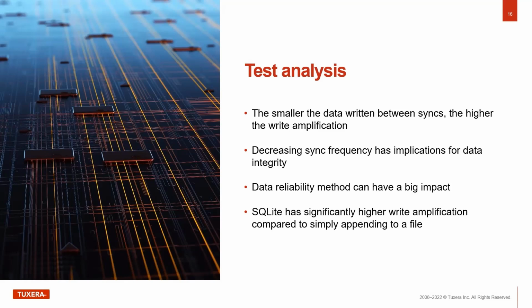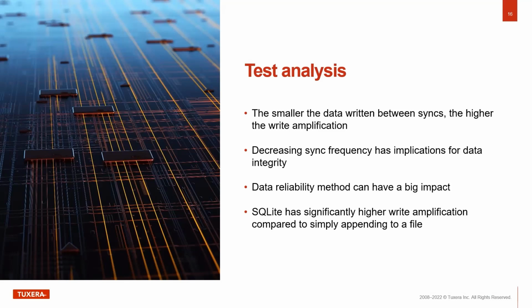However, decreasing the syncs has implications on data integrity. Having longer sync between the commits means that the data is not written to the media immediately. And this can be a concern in an embedded system where power interruptions can occur at any time.